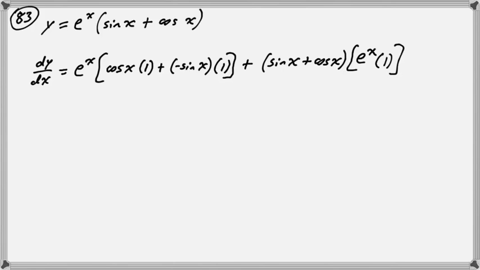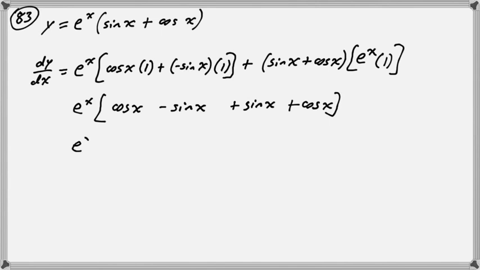So I think I can factor out an e to the x. If I factor out an e to the x, I have cosine x minus sine x plus sine x plus cosine x, which I believe becomes 0, and anything times 0 is 0.